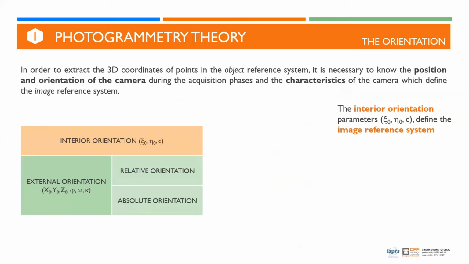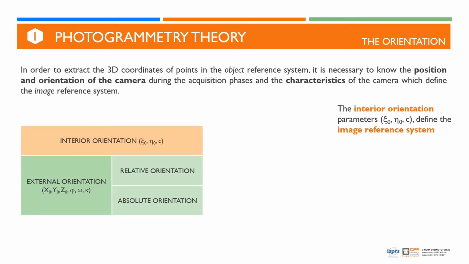In order to extract our 3D coordinates of points in our object reference system, what we need to know is the position but also the orientation of our camera during our acquisition phase, and also the characteristics of the camera that are able to define our image reference system. So on one side, we have the object reference system, and on the other, we have our image reference system.